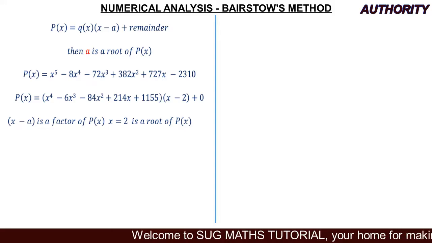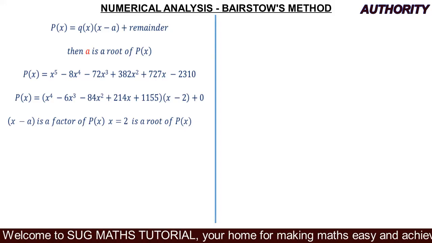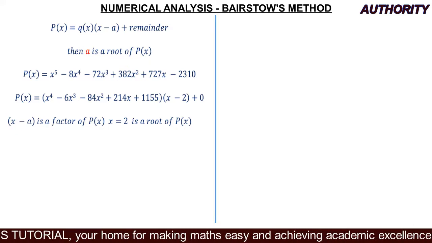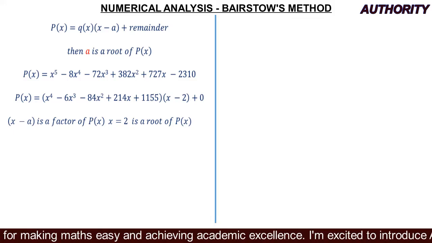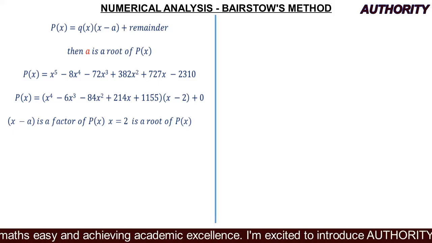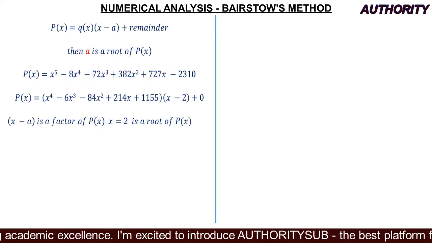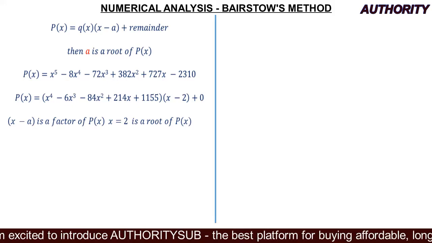When we are talking about the root, we are talking about the solution, the value of a such that p of a will give you 0. Or we say the value of x such that p of x will give you 0. So here we say that x minus 2 is a factor of p of x, and at the same time, since we have remainder 0, 2 is a root of this p of x.